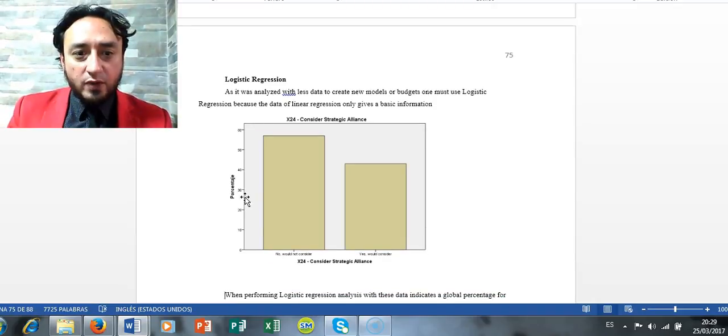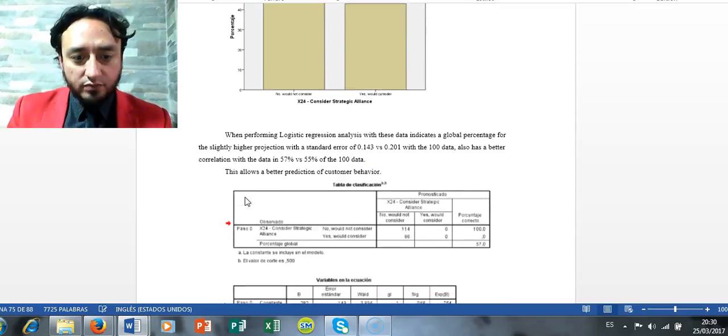What else? Logistic regression, for example. As it was analyzed with less data to create new models or budgets, one must use logistic regression because the data of linear regression only gives basic information.